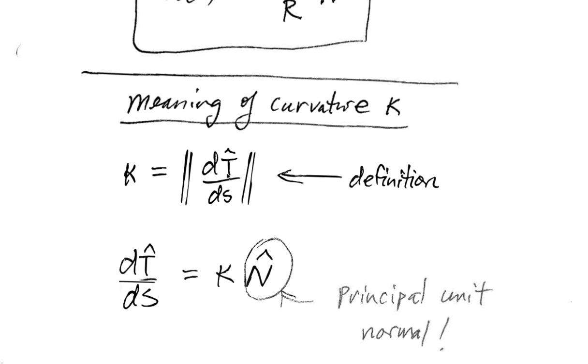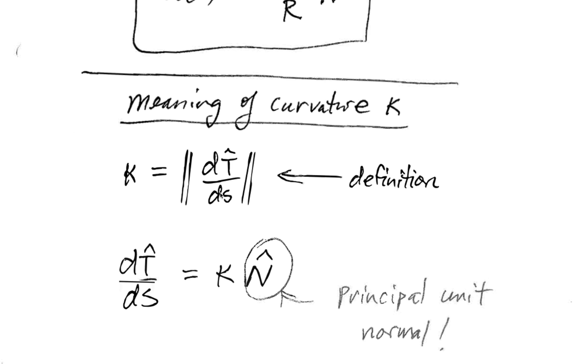Now, let's mention that since T hat is pointing in the direction of motion of the particle along the curve, the magnitude of T hat never changes. This is purely showing motion.